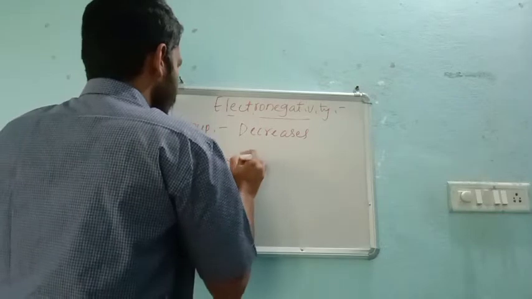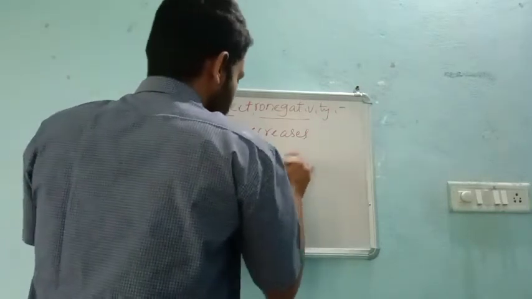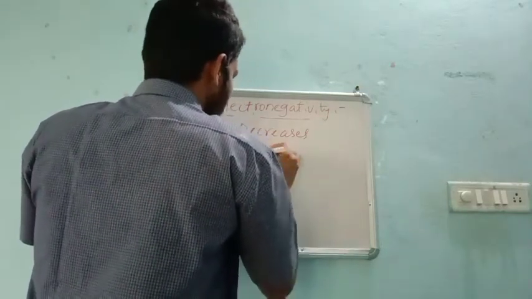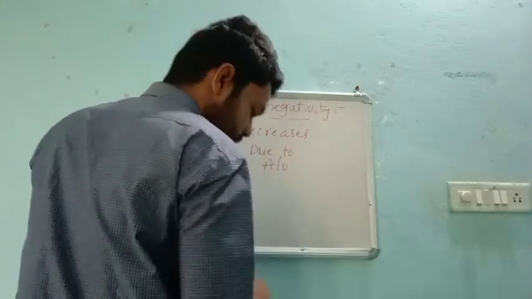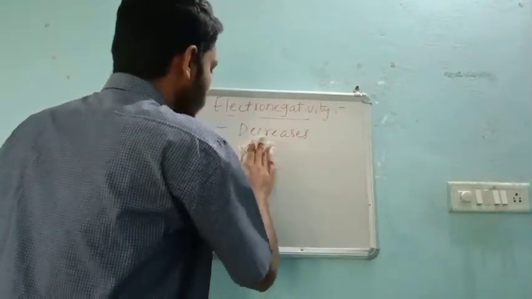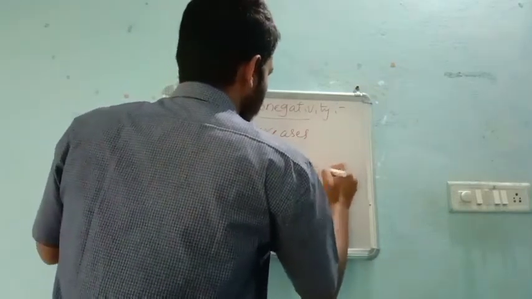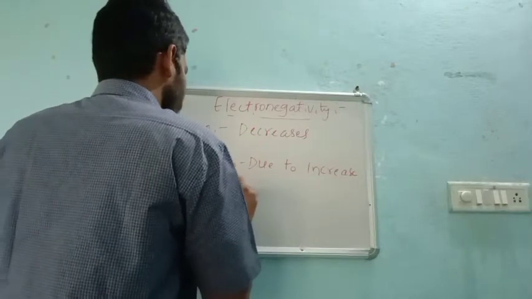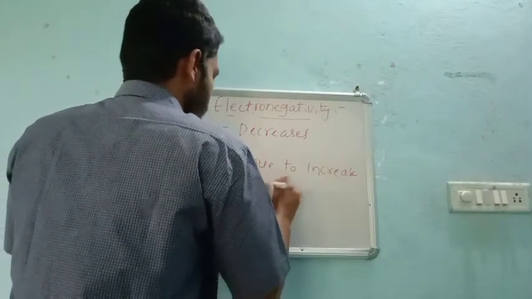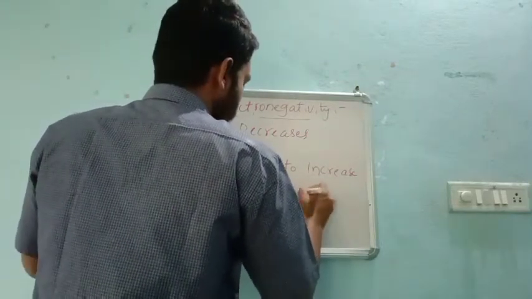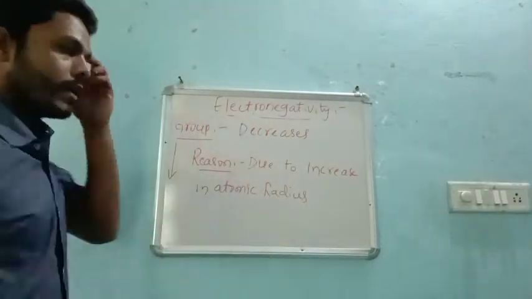The reason is very simple. Again, you can go with due to increase in what? Due to increase in atomic radius. So in case of group, the atomic radius increases.